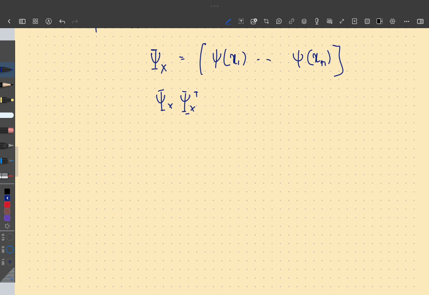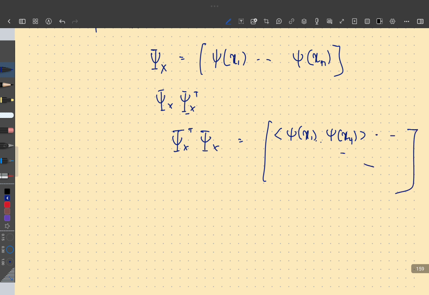So instead, what I could do is compute psi x transpose psi x, which is what? It's basically the matrix of inner products between psi x1, psi x1, psi x2, psi x1, psi x2, and so on, right?